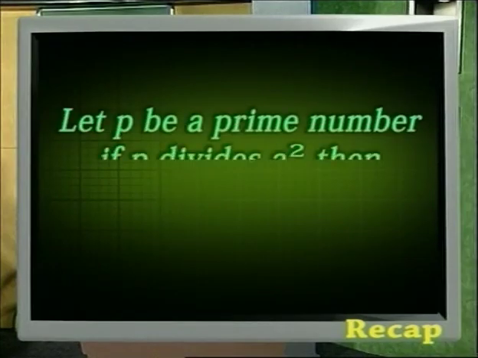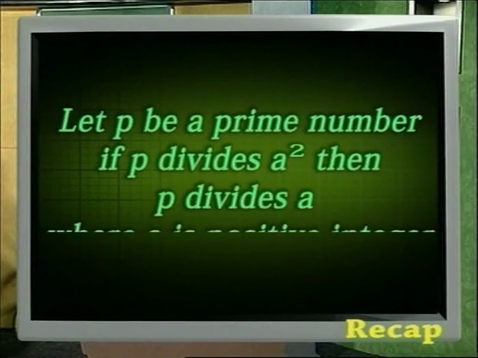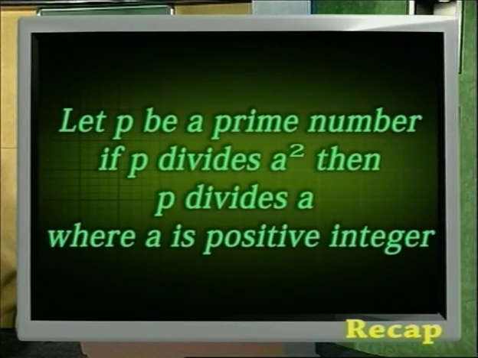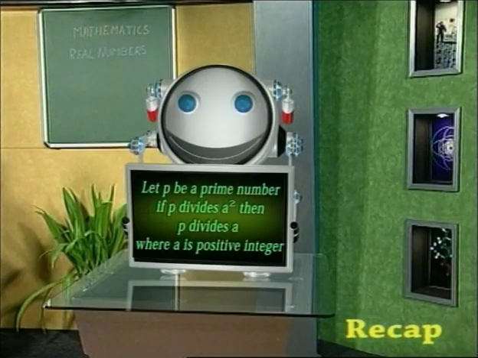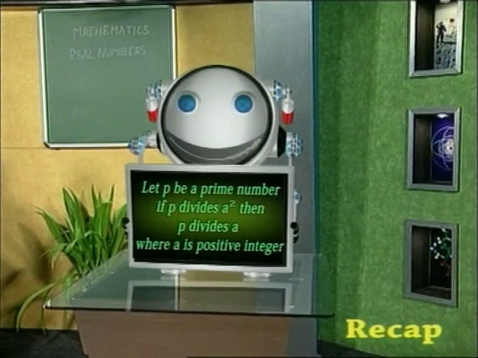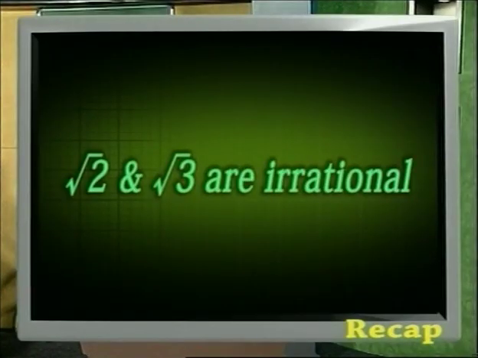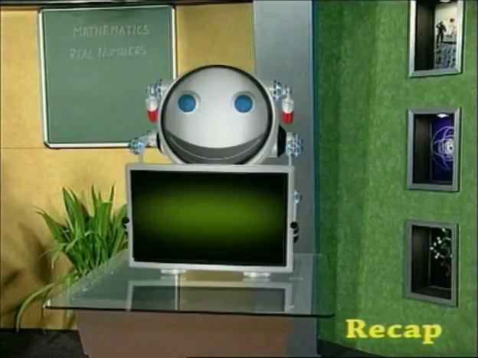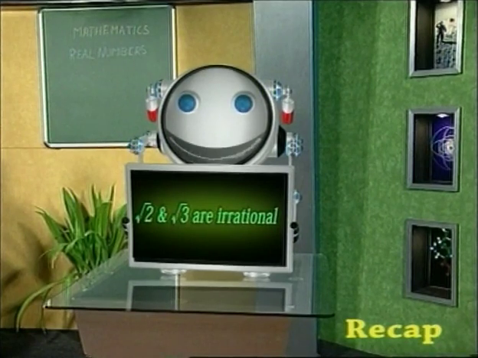If p is a prime and p divides a squared, then p divides a, where a is a positive integer. And root 2 and root 3 are irrational.